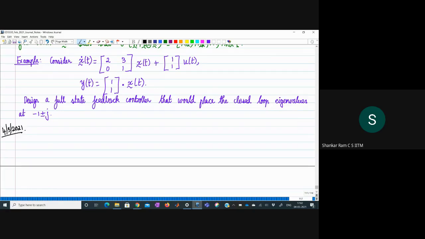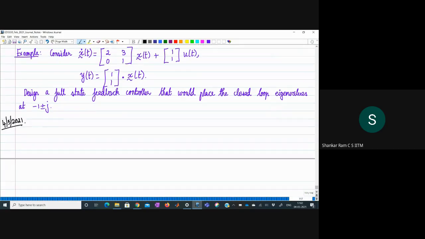The task for us is to find this control vector or control matrix K to satisfy stability of the closed loop system and its performance. So that's where we stopped.